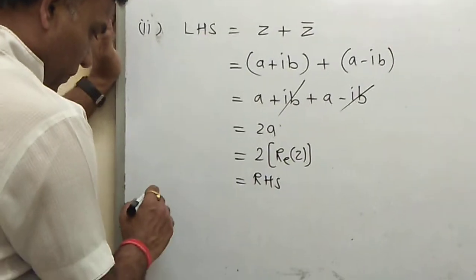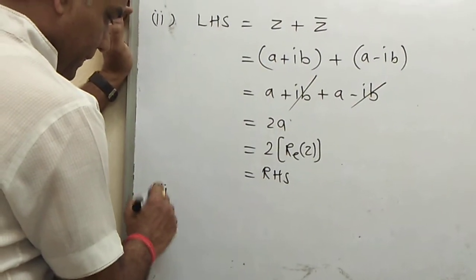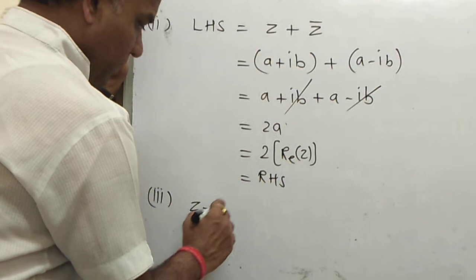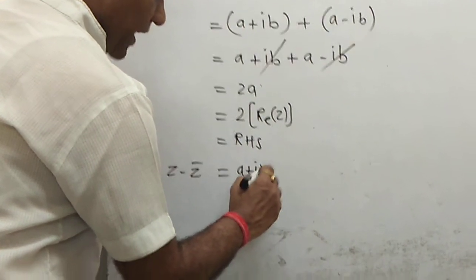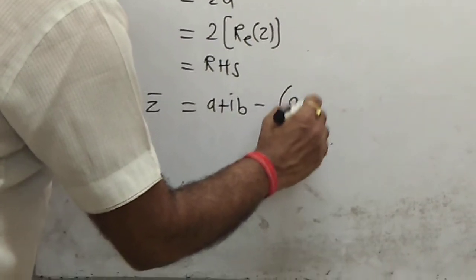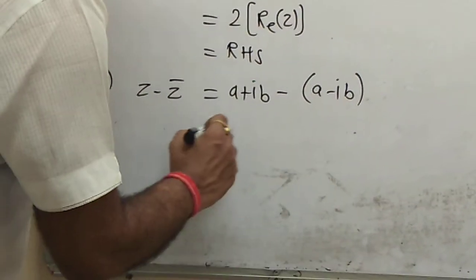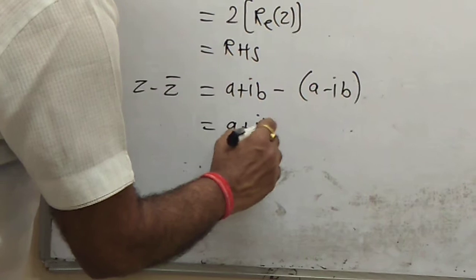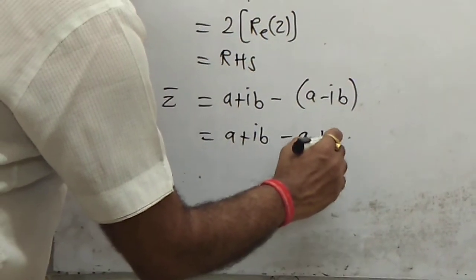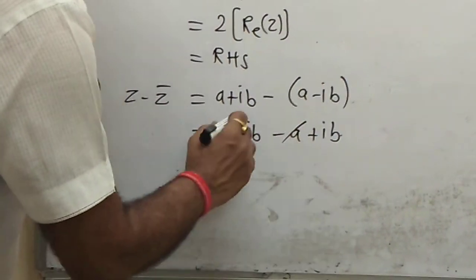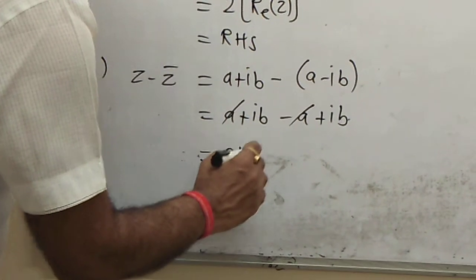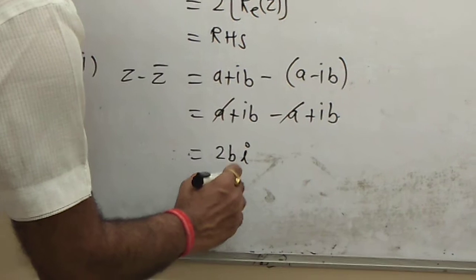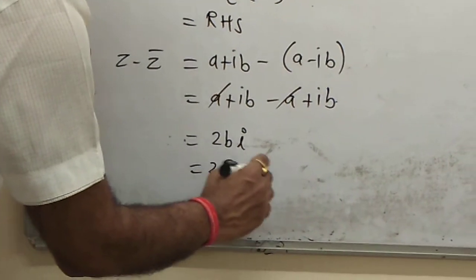Then the third property, z minus z bar: a plus ib minus (a minus ib), which is a plus ib minus a plus i into b. So a cancels out, and it is 2b i, which means 2 times the imaginary of z.